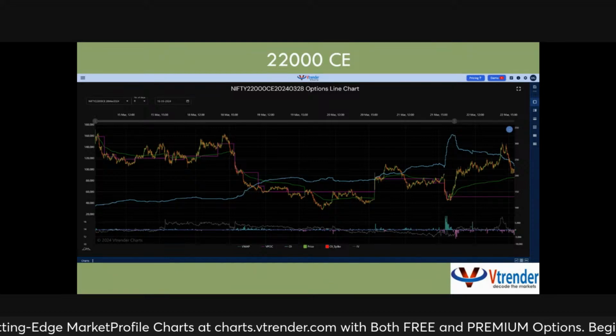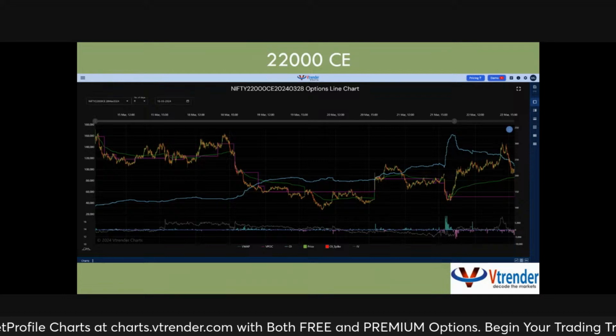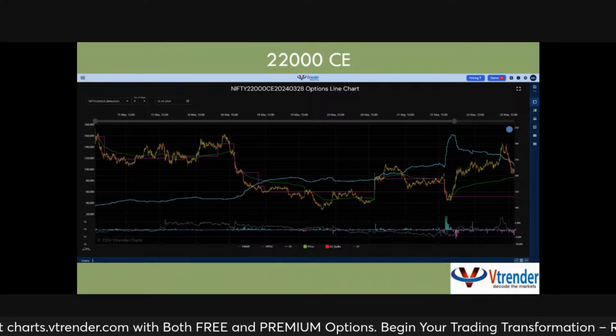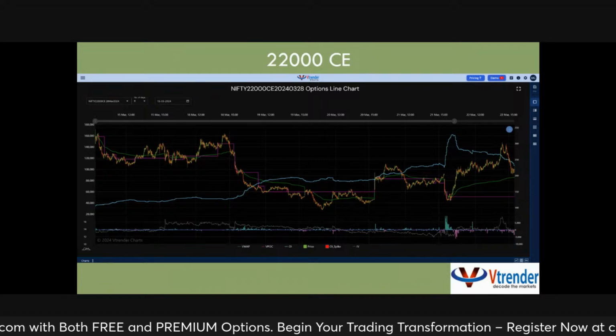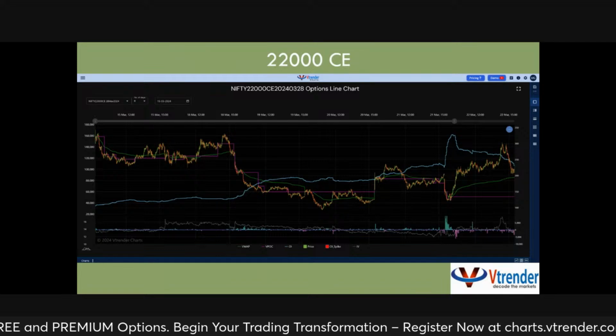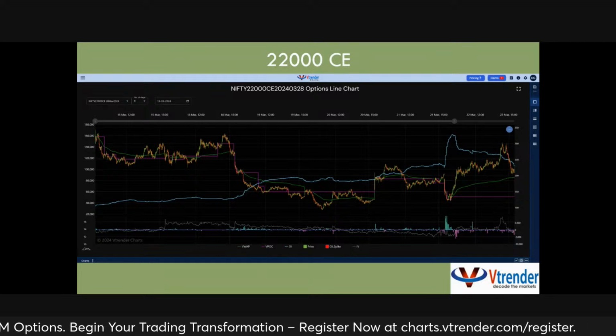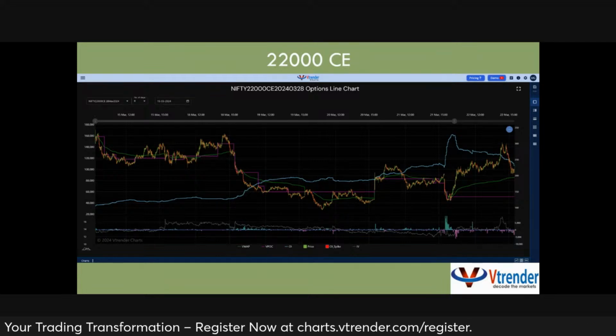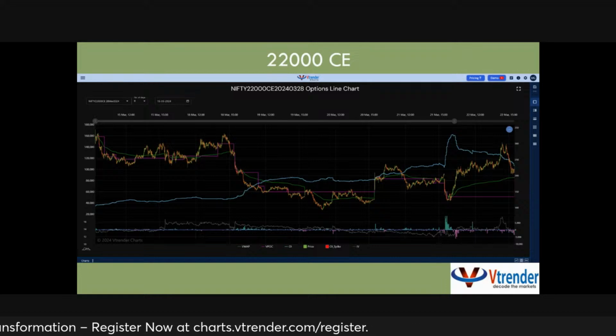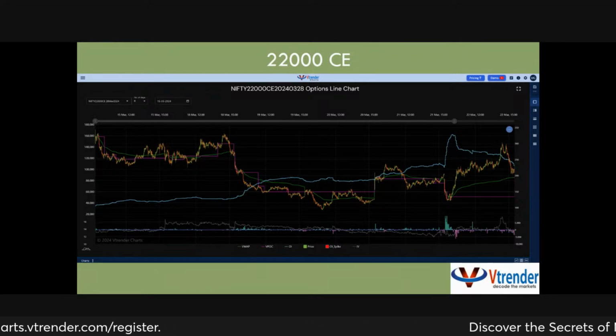So on your screen, you have the 22,000 call option, and you can see this is still the 22nd. These are the 6 days from 15th to 22nd March, where we had made a note of these POCs of different days. The highest POC on this chart you can see is at the 300 level, which was on 18th of March.